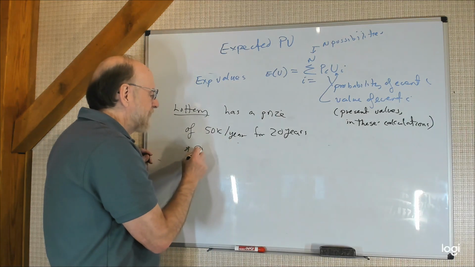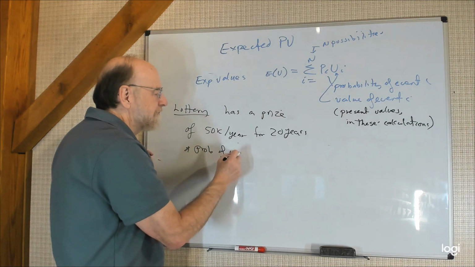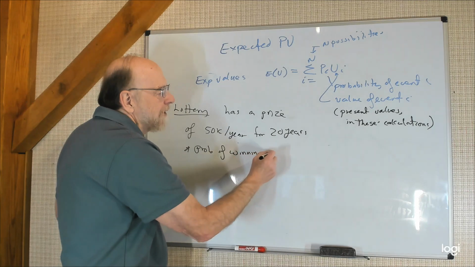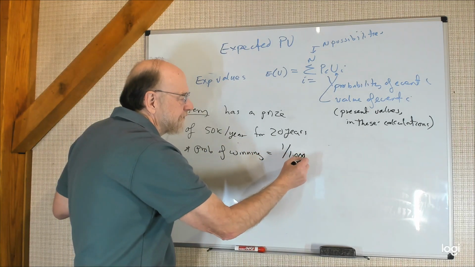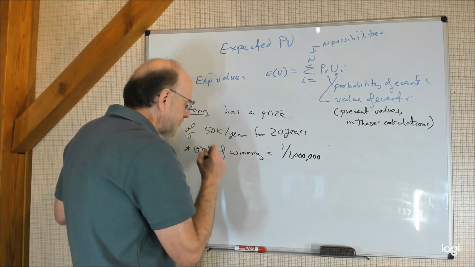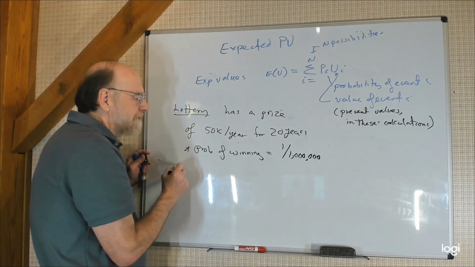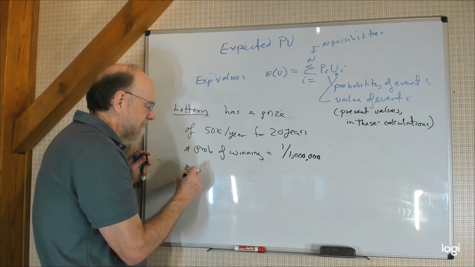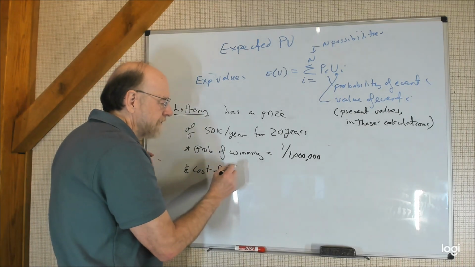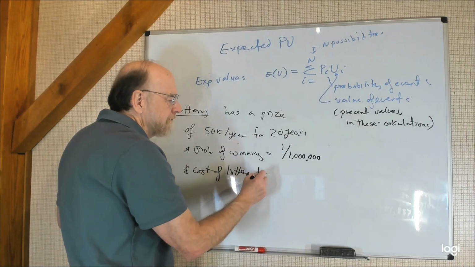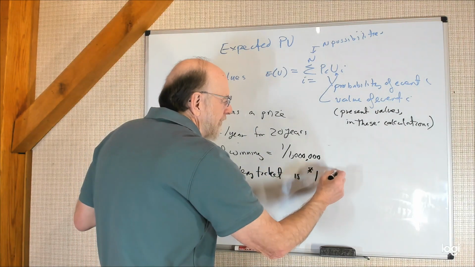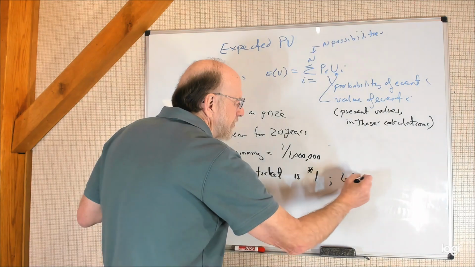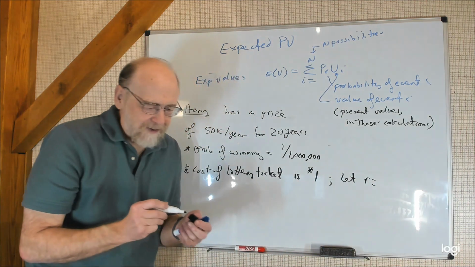And the probability of winning is 1 in a million. And the cost of the ticket is $1. And we'll just assume that the interest rate is 5%.